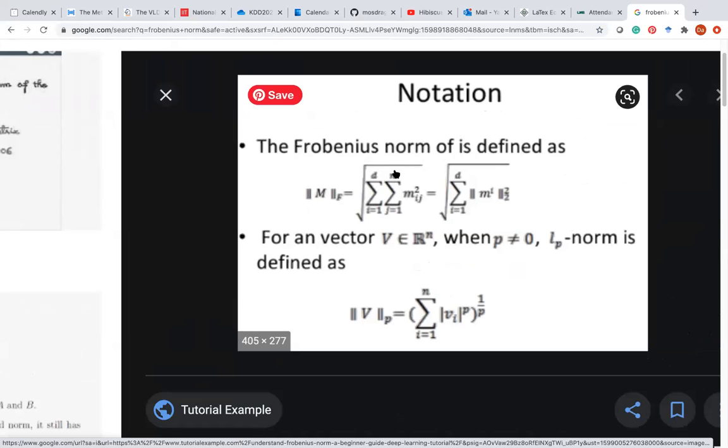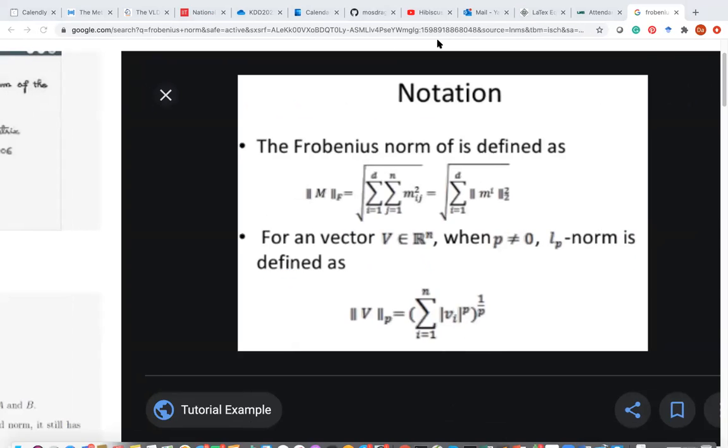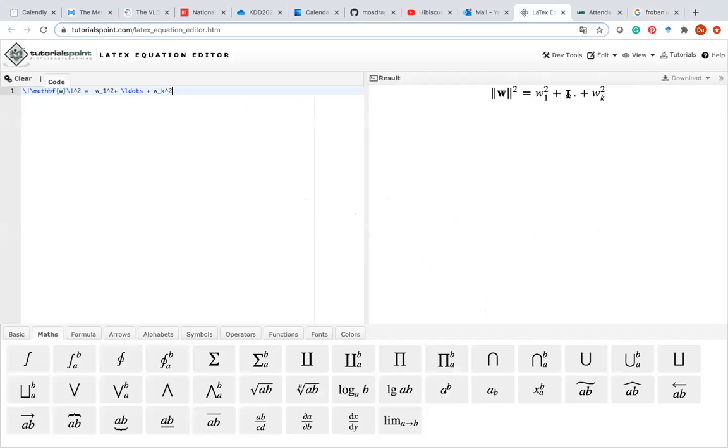In case your weight is a matrix or tensor, for example, then you can use the Frobenius norm, just squaring every element. So in our case, it's a vector. If you use the L2 norm, it's also squaring every element.